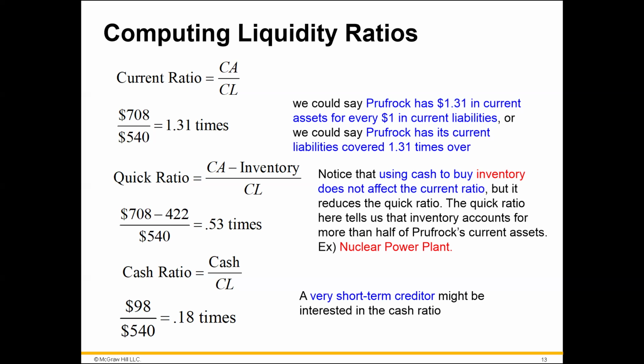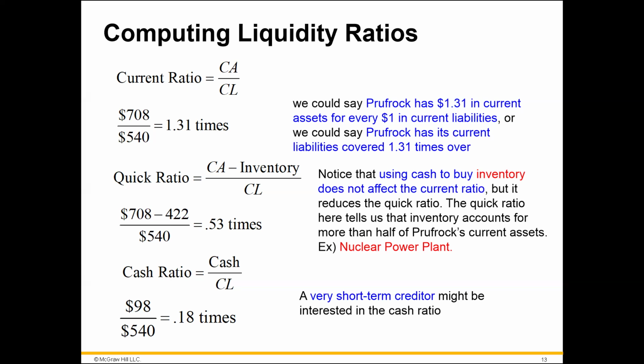That ratio is what we call the quick ratio. Current assets minus inventory is the numerator, and the denominator is the same as the current ratio, current liabilities. This ratio is more accurate in measuring the short-term solvency of the company.